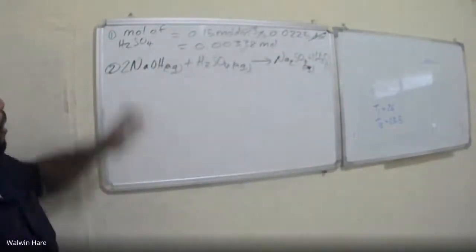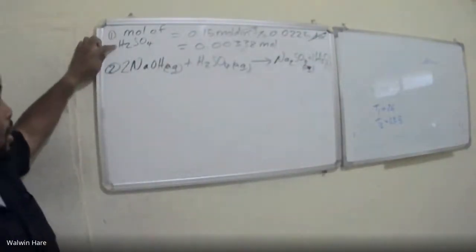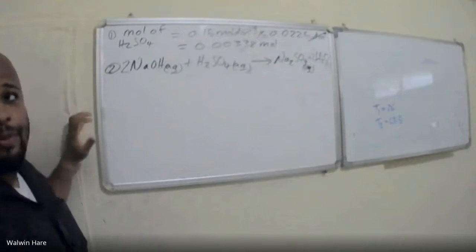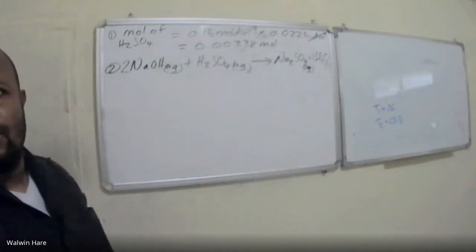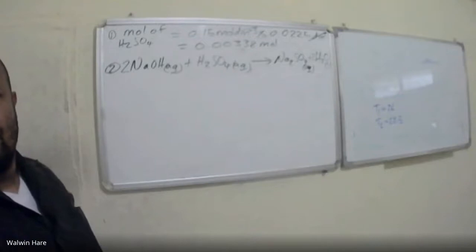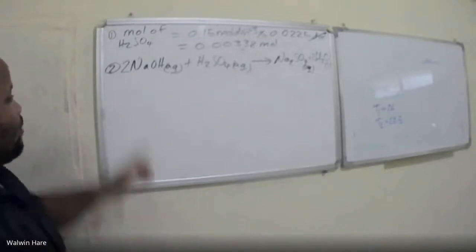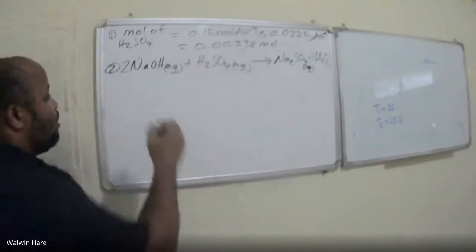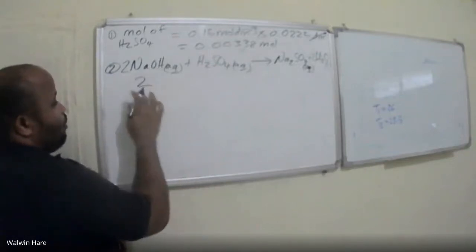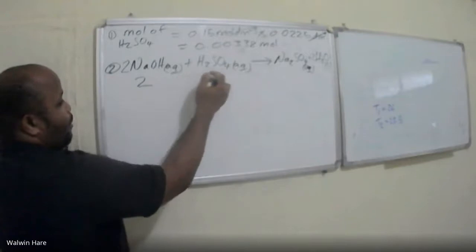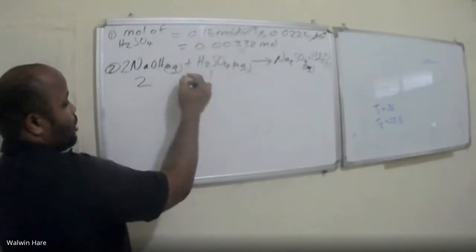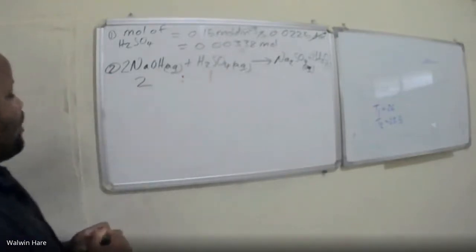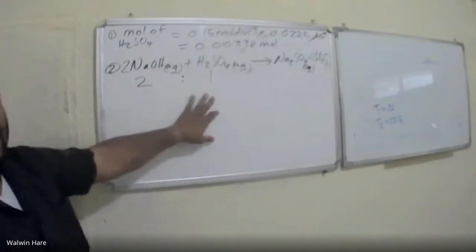So we know the mole of sulfuric acid, and we want to find the mole of sodium hydroxide. Based on the balanced equation, 2 moles of sodium hydroxide react with 1 mole of sulfuric acid, so it's a 2-to-1 mole ratio.